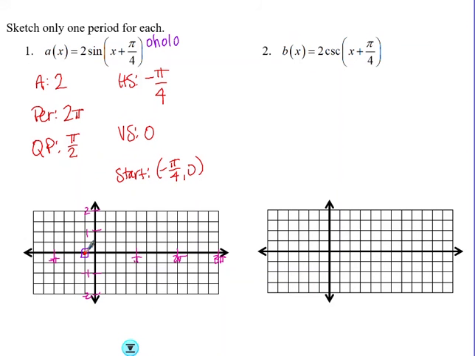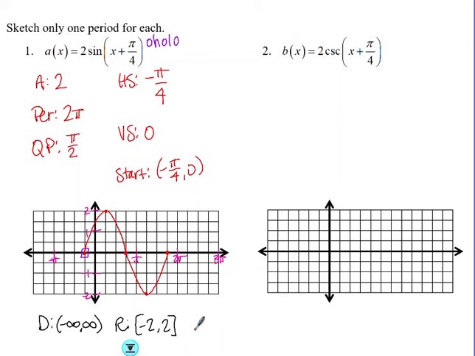So I have an amplitude of 2. So there is my sine curve. You should remember that the domain for sine and cosine is all real numbers or negative infinity to infinity, because you can keep that pattern going on forever. The range for this function is going to be -2 to 2.